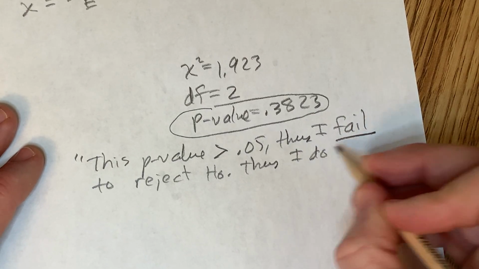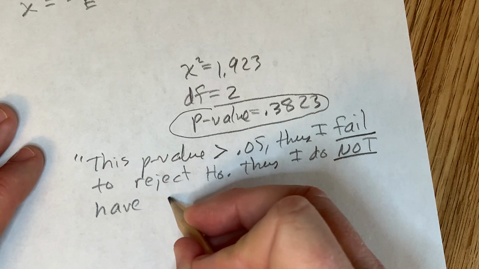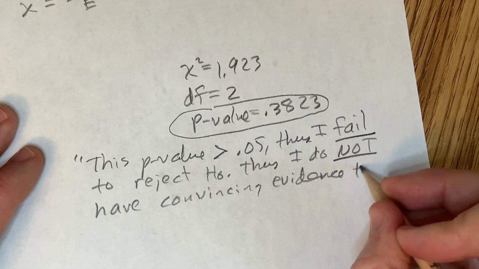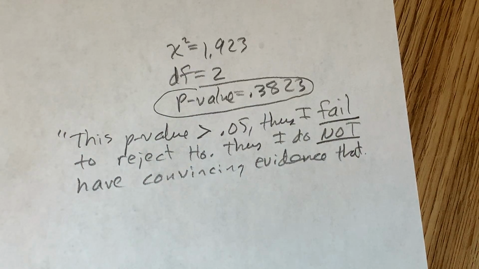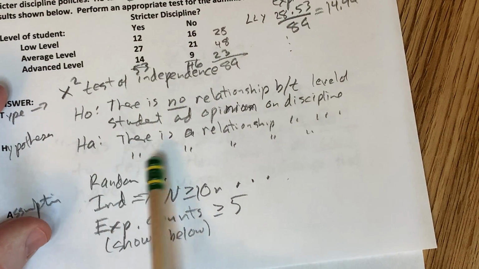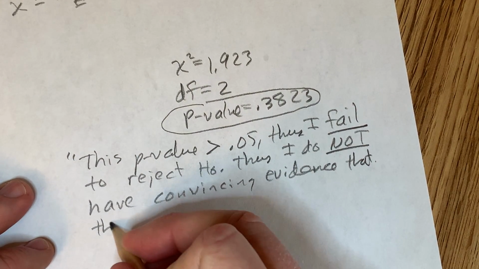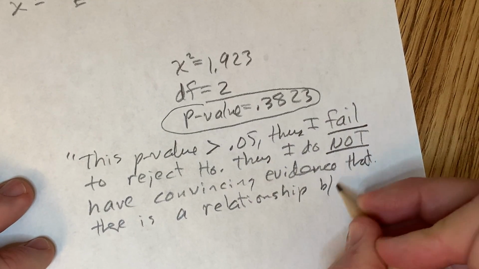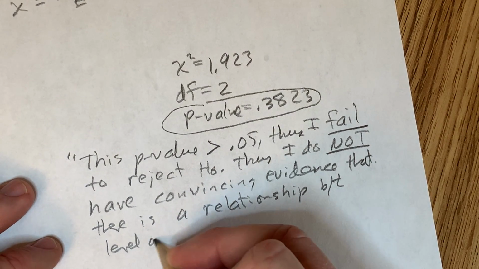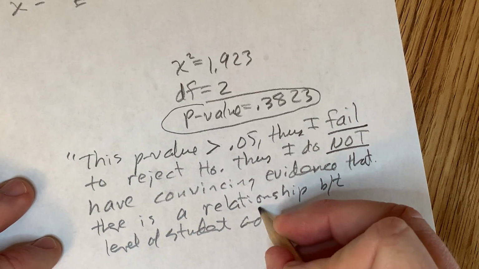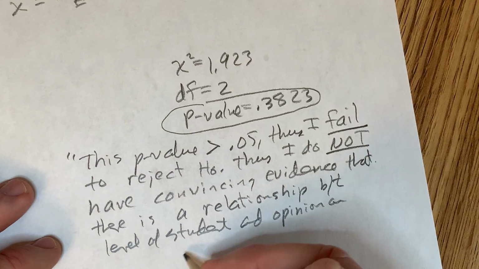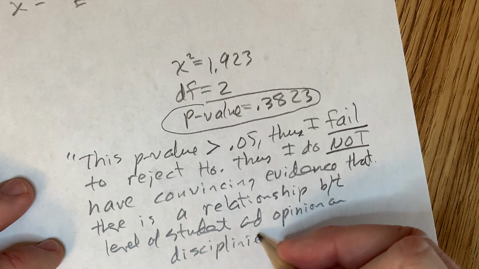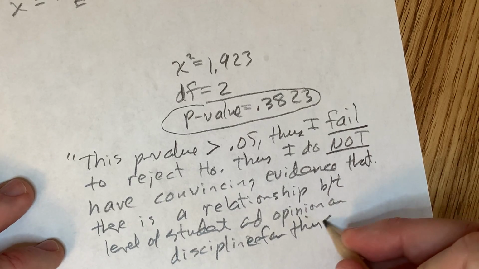Thus, I do not have convincing evidence that, and then you restate your alternative, that there is a relationship between, in this case, level of student and opinion on discipline for this school.